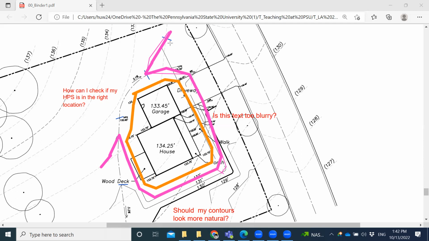All right, let me erase that. Then you start with your 131 over here. And then you need to look for where 131 is. 131 is over here. All right, and then 130.